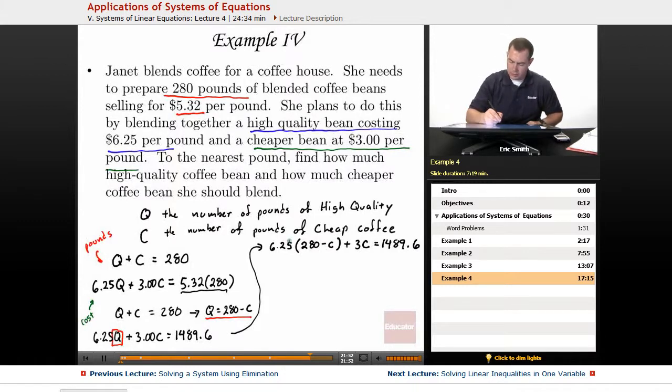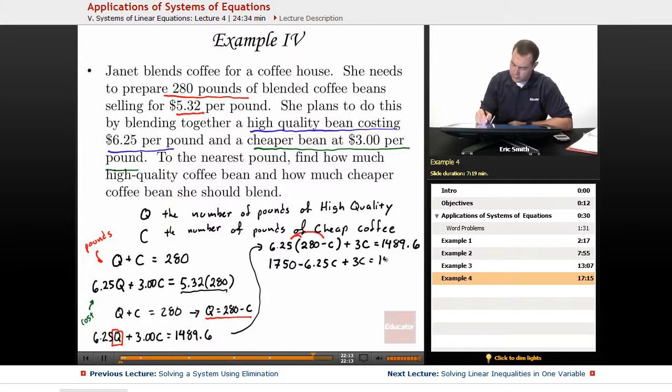Let's distribute through by the $6.25 and see what we get. So 1750 minus 6.25C plus 3C equals 1489.6. All right, looking good so far. Let's combine our C terms.